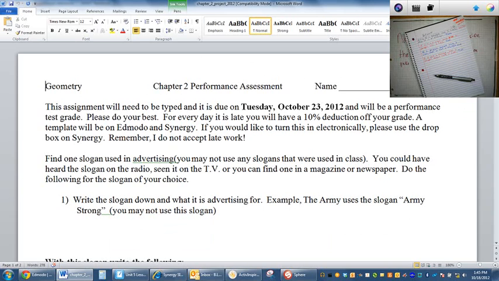Okay, and the other thing, let's talk about the performance assessment before we get started today. So if you were logging on to Edmodo and adding me, or seeing my awesome unicorn picture from earlier on Instagram, since I am off there. Kids took pictures of me teaching with the unicorn.